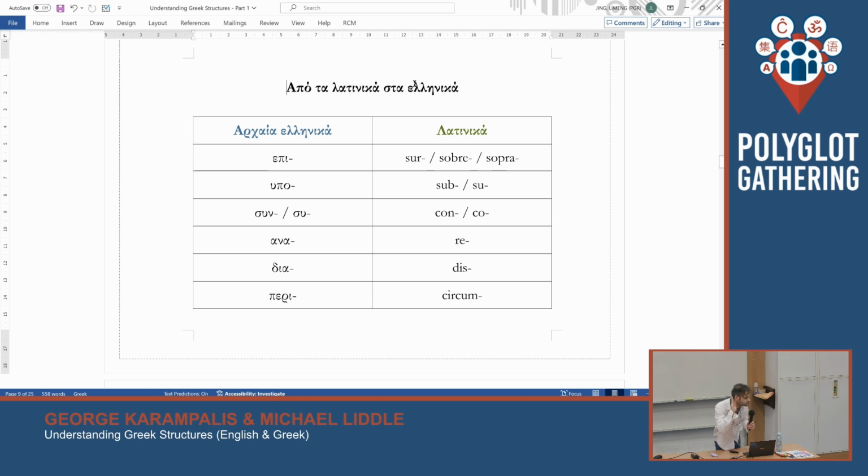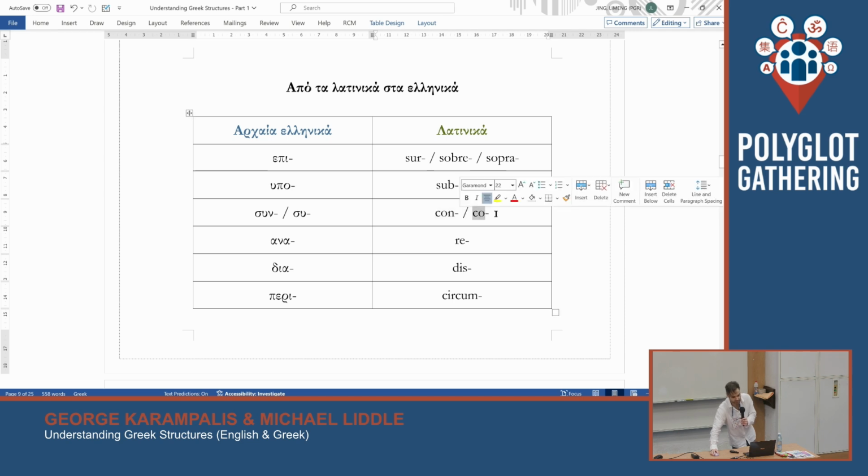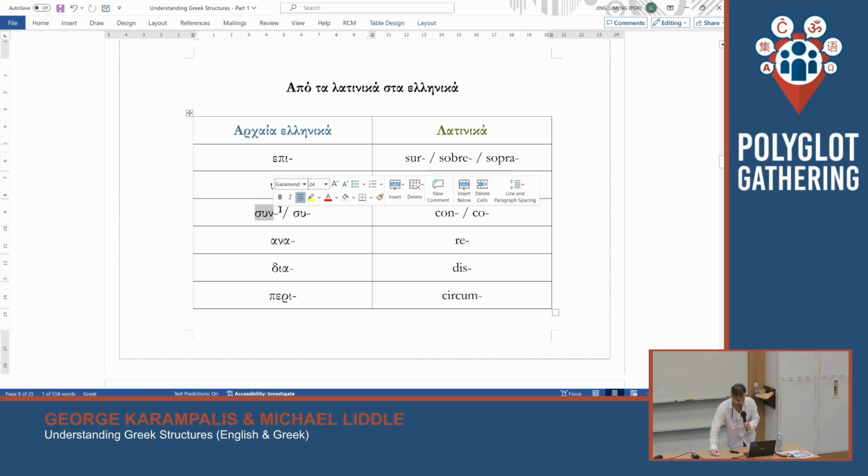Υποσυνείδητο, σωστός. Συν is basically just like co, you see it all the time in English and a lot of languages. Το συν είναι και στα νέα ελληνικά, το μαθηματικό σύμβολο.